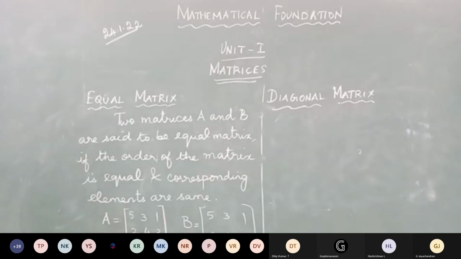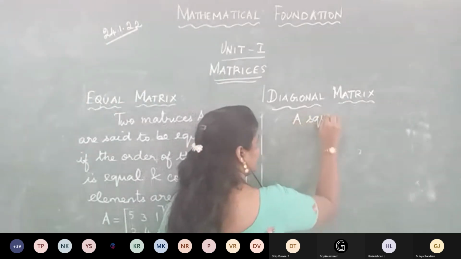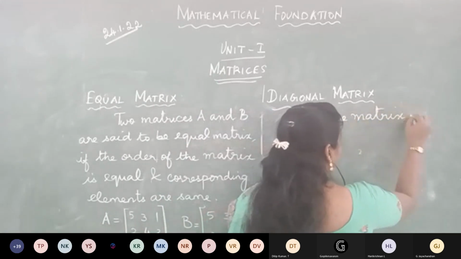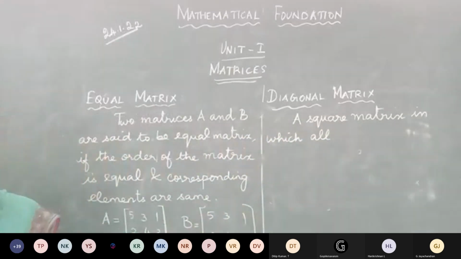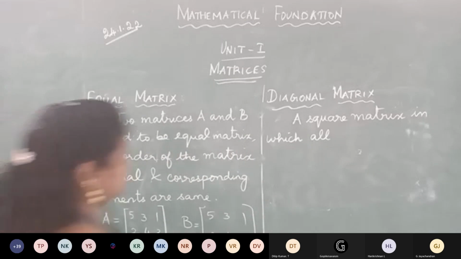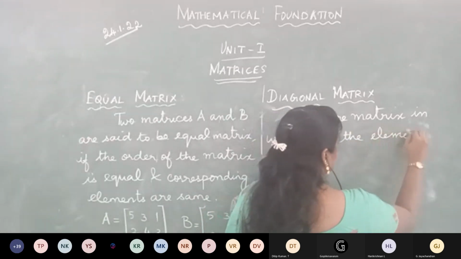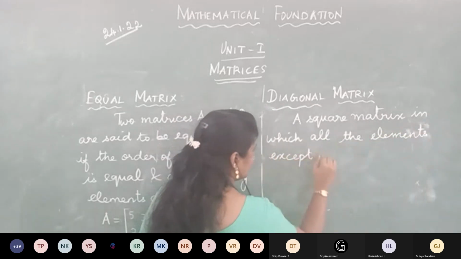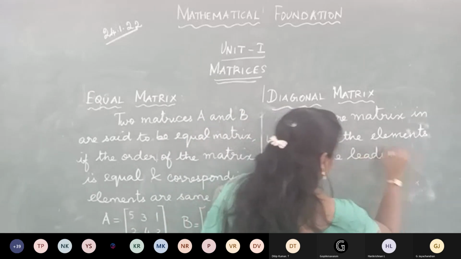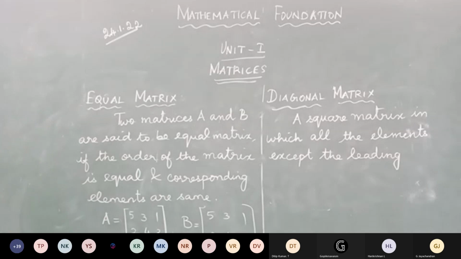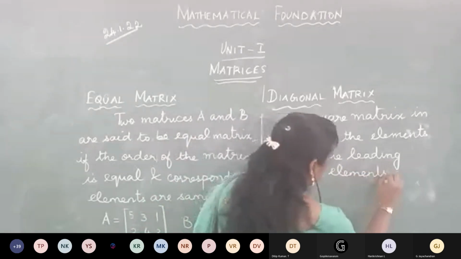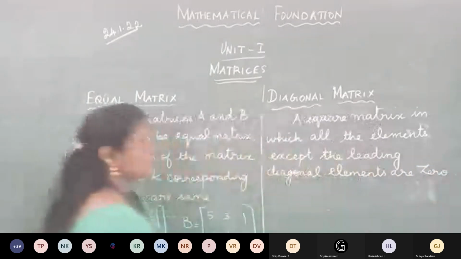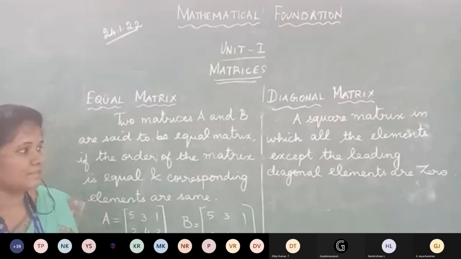So we will write the definition: a square matrix in which all the elements except the leading diagonal elements are 0 are called diagonal matrix.